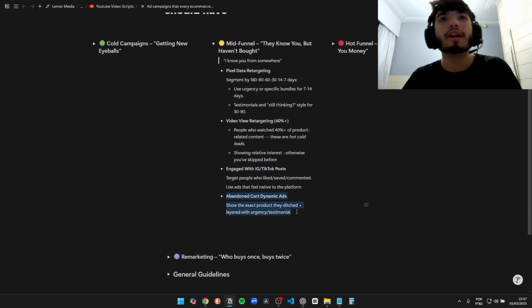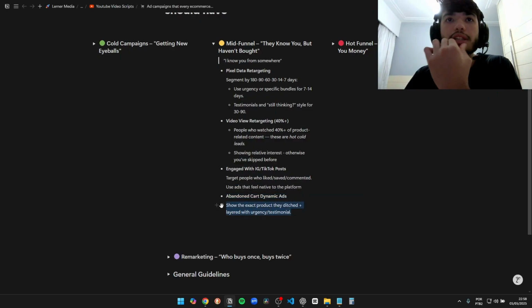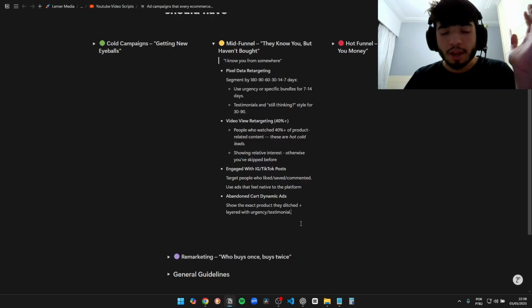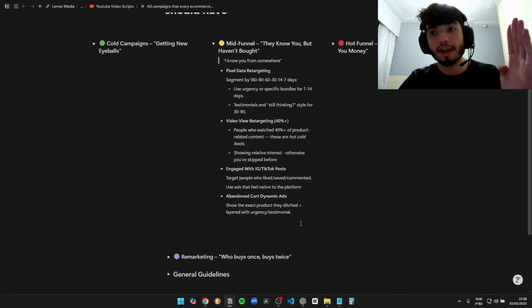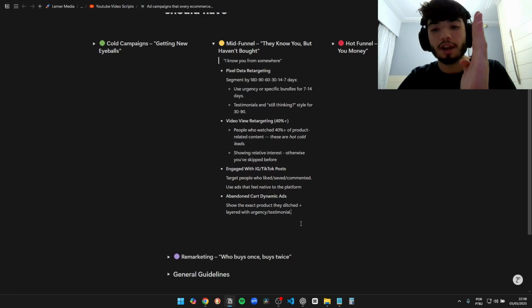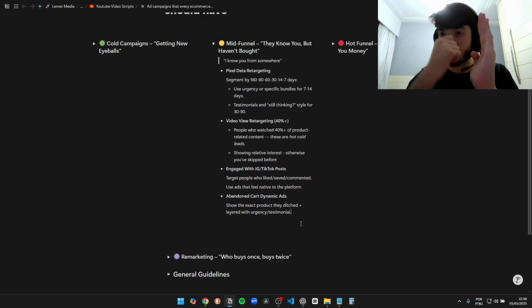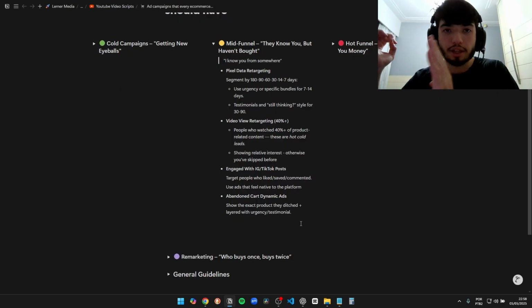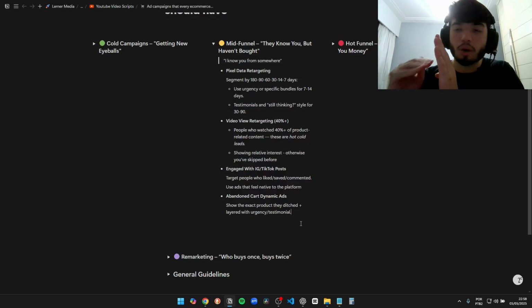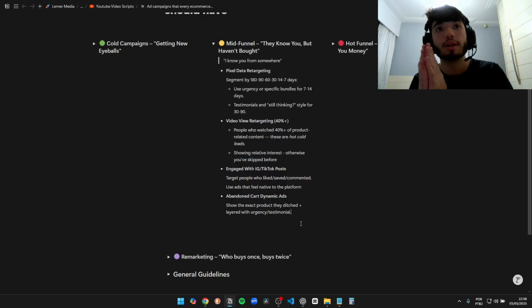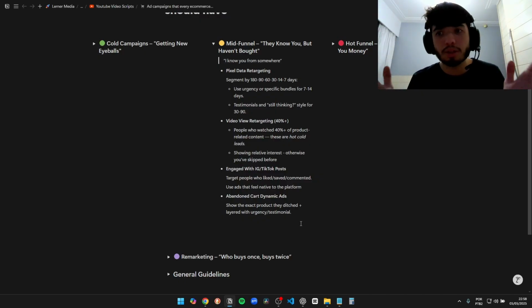And abandoned cart dynamic ads, basically. So this is the product showcased, layered with urgency and testimonials. If the person went to your website, actually watched the ad, clicked on the button, let the website load, and clicked to add to cart, like he basically read the whole copy and put it into the cart, it's almost a sale.